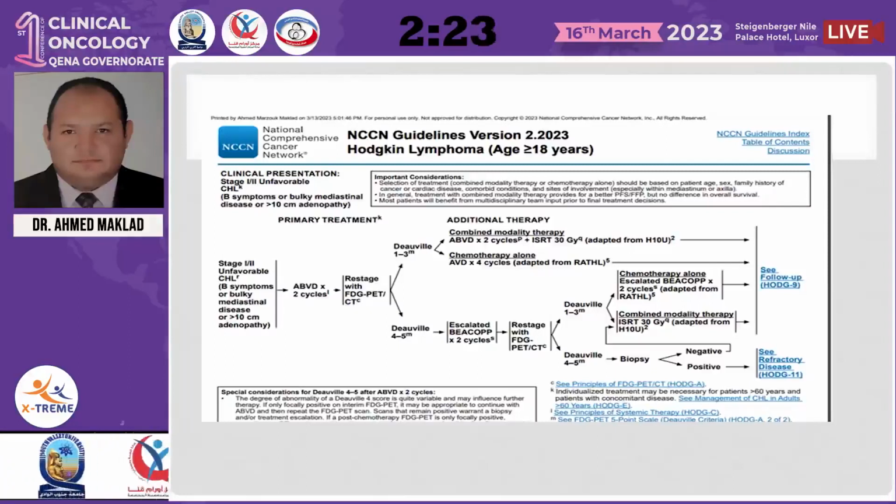And according to the RATHL study, AVD only for 4 cycles. After 2 cycles of ABVD, if the PET CT is negative, you can add more AVD with omission of the bleomycin, and no need for radiation for this one.